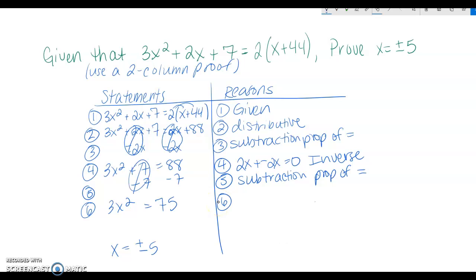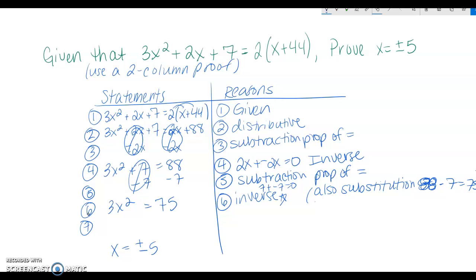Not only are we using the inverse property here, because 7 plus negative 7 is equal to 0, but we are also using substitution, which I feel like is worth mentioning. So 88 minus 7 can be substituted for 75, but I will actually be taking inverse as the correct answer there.